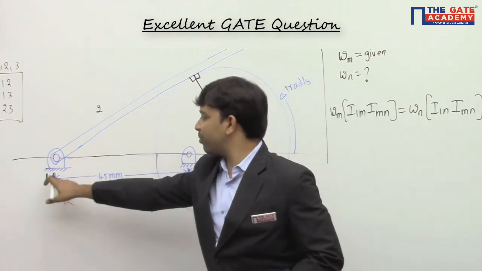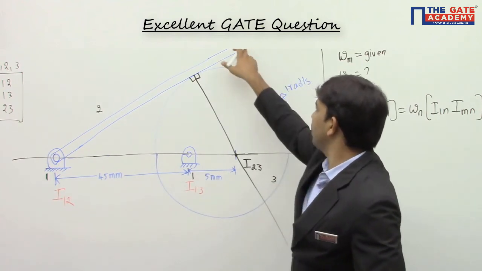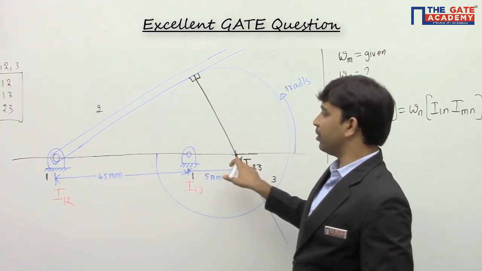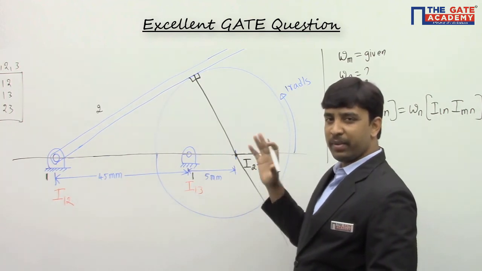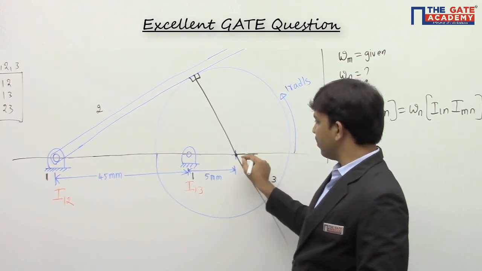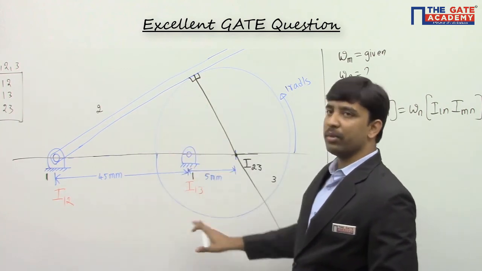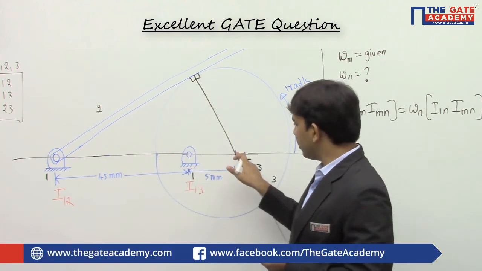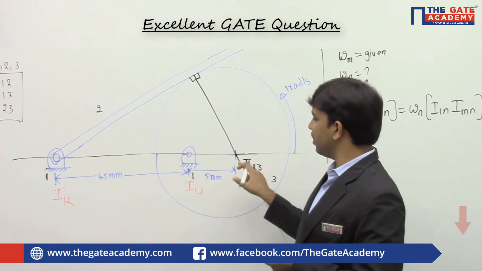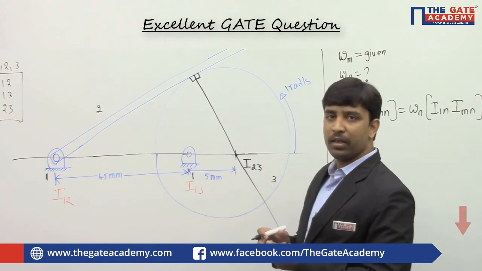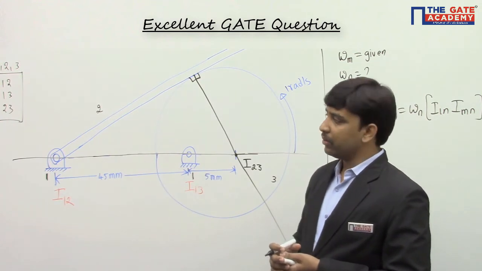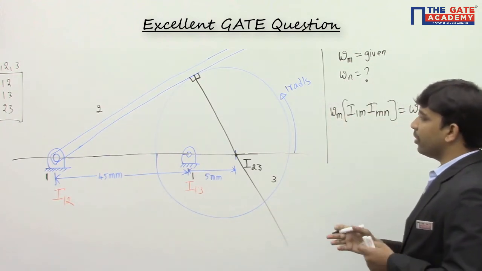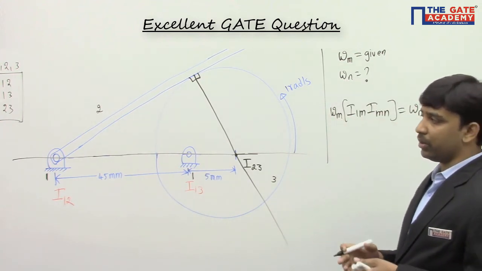If I extend the shape of link number 2 something like this, and choose this point on link number 2, the velocity of this point will be exactly the same as the velocity of the coincident point on link number 3. You choose this point on link 2 and find the absolute velocity. You choose this point on link 3 and find its absolute velocity. That velocity must be the same. So it is that coincident point for both the links which has zero relative velocity.